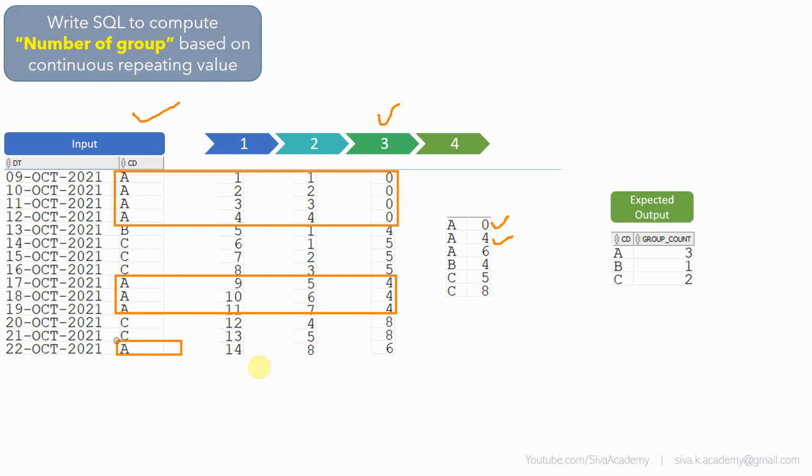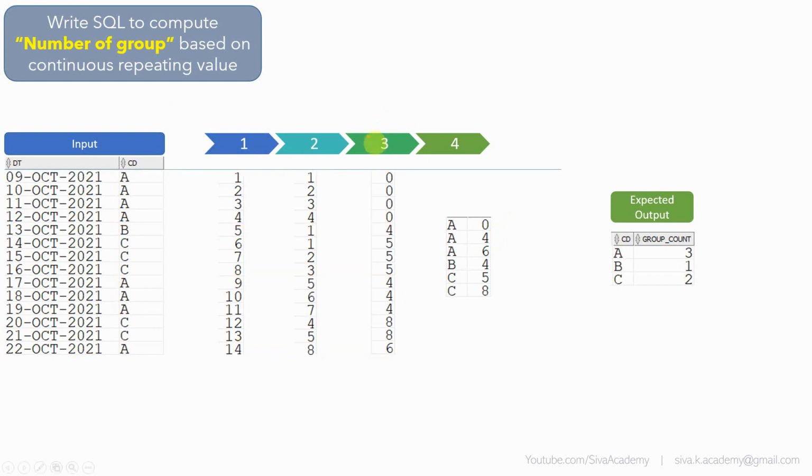Similarly, the next set A6, I'm taking A6 here. Same thing goes for other codes also. And as part of the final step, I'm going to aggregate this into the final result. For example, the number of A: A occurs 3 times, a simple aggregation. A is 3. C is 2 times, so C is 2, a simple aggregation.